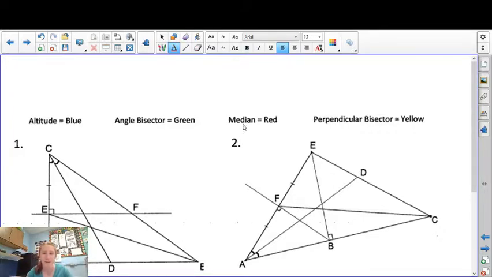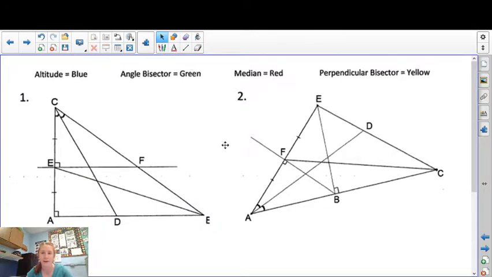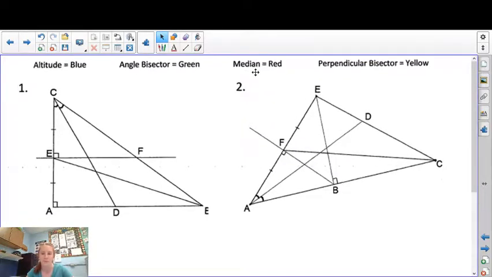Go get a pause video, and you need to get the following colors: blue, green, red, and yellow. I'm going to try and do the highlighter so we can see it. This will be my yellow. This will be my green.